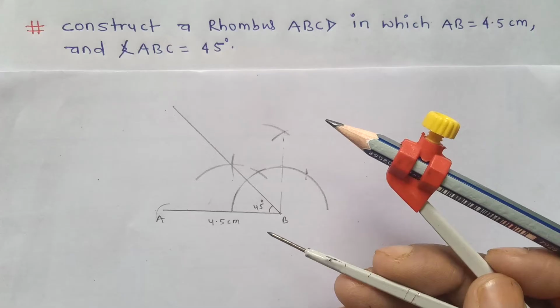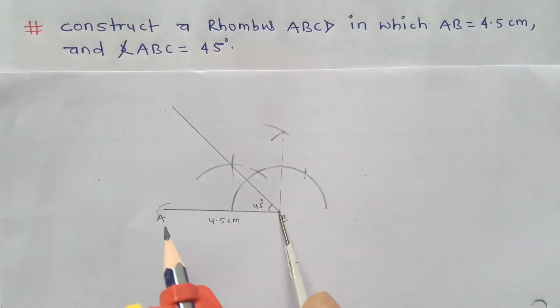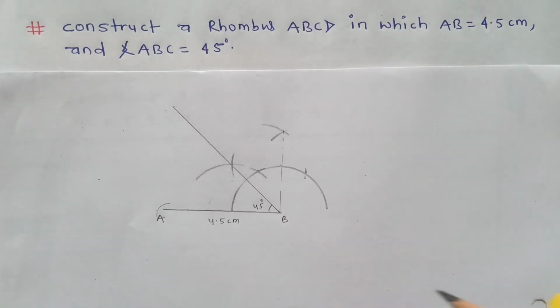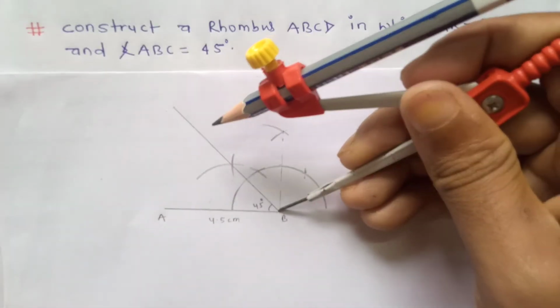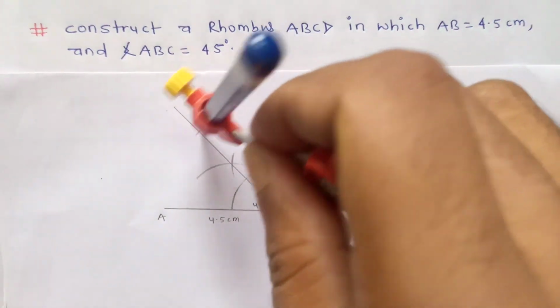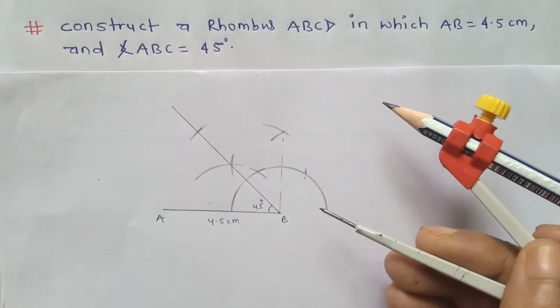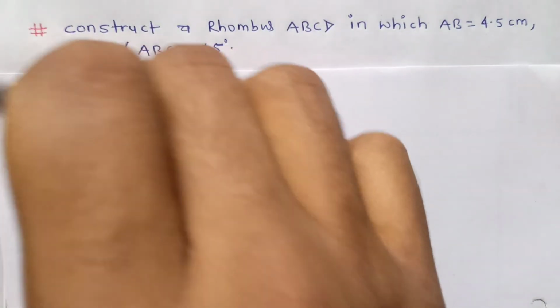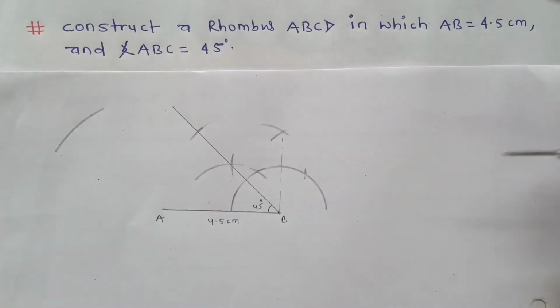I am setting this compass from A to B. You can check here, you can set from point A to B. Clear? And then you can cut from the angle part. This point will be C, and then from point A you can cut here. And without moving your compass you can cut from this point.